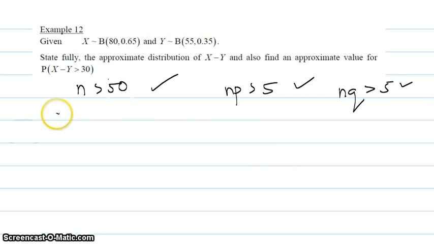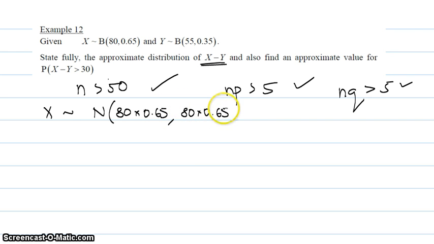Before we find the approximate distribution of X minus Y, I'm going to find the distribution for X approximately. X is approximately 80 times 0.65 as its mean, and 80 times 0.65 times 0.35 as its variance. So X is approximately normally distributed with mean of 52 and variance of 18.2.